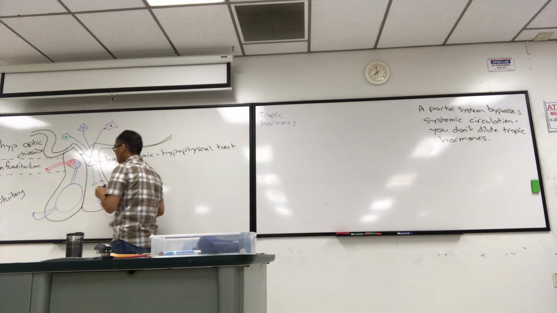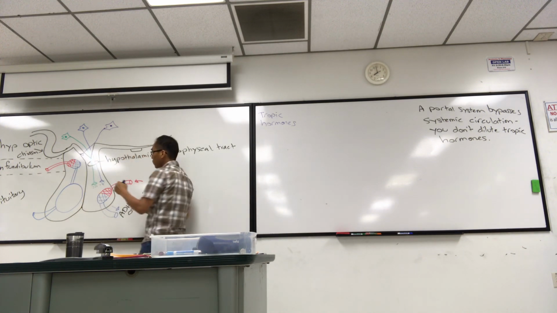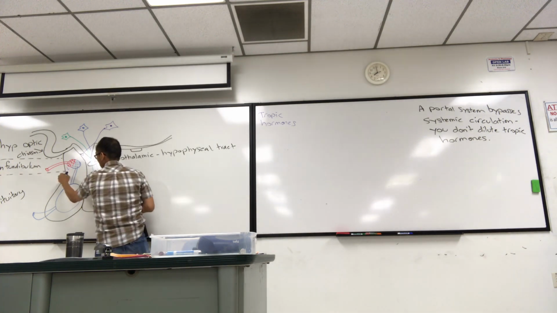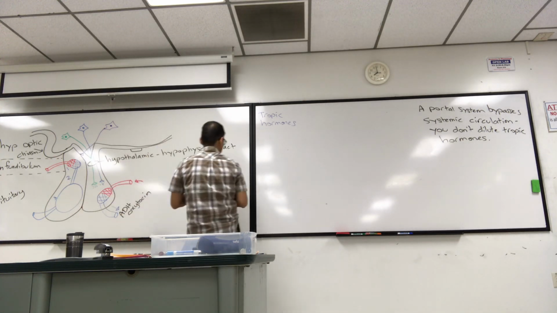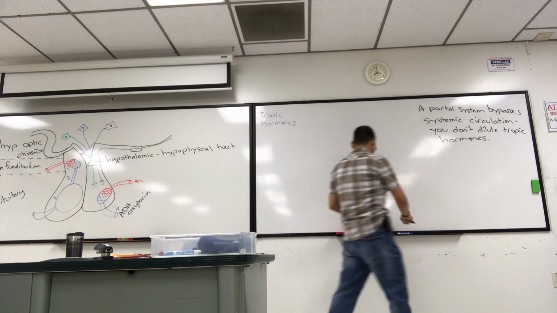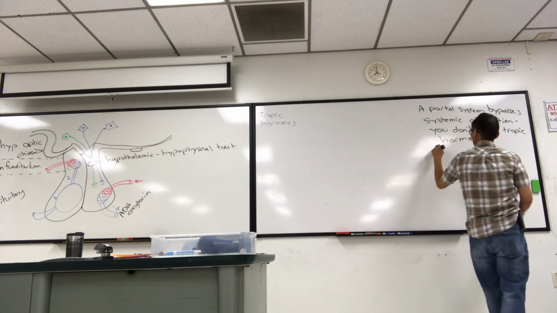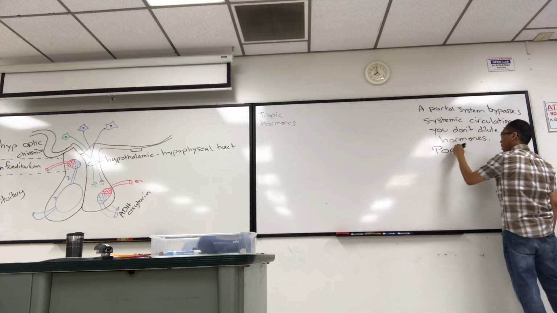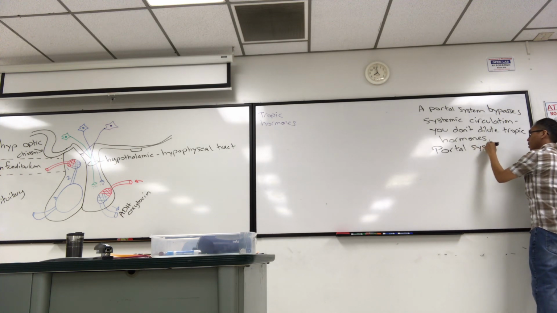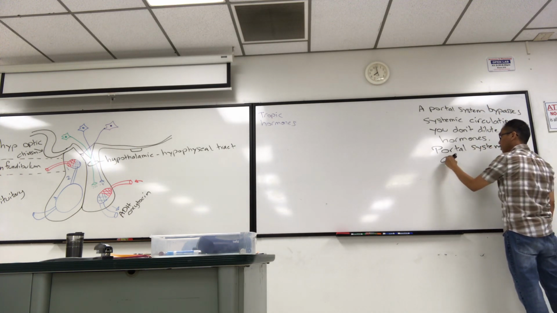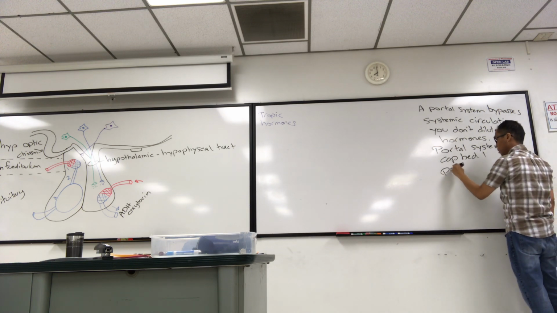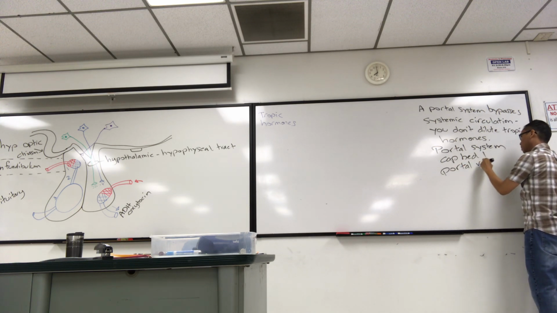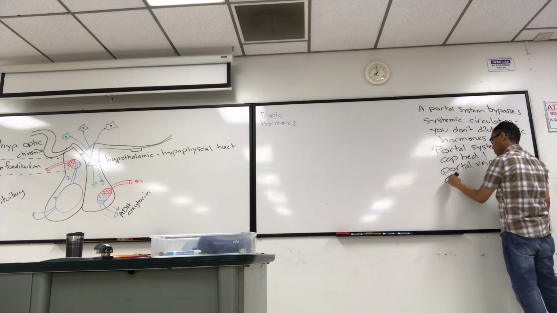But to be strict, to define the portal system, it's 1, 2, 3. Portal system: cap bed 1, portal vein, cap bed 2.